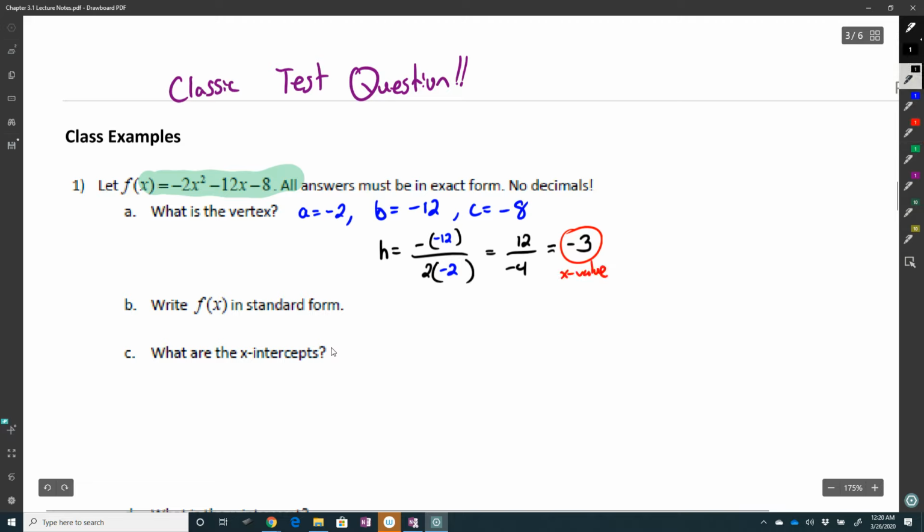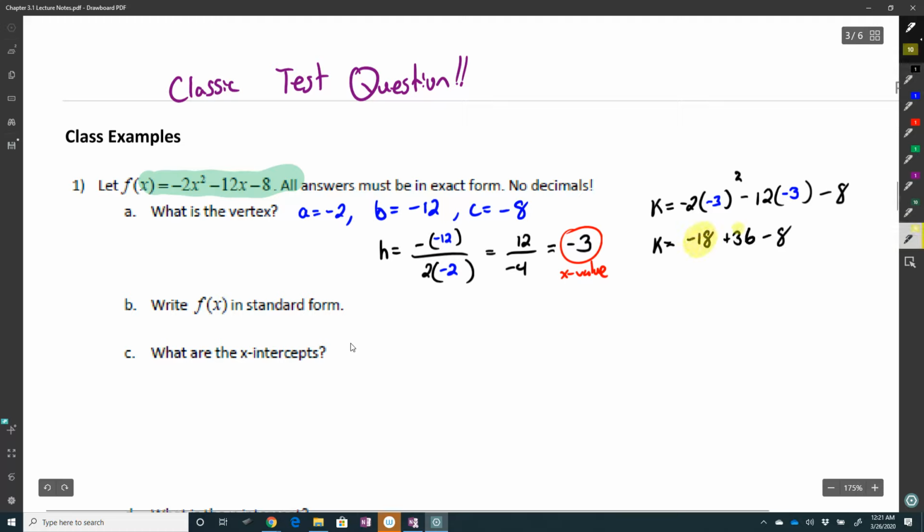So now I'm going to find the y value, my k. And all I have to do is plug in the x value. So negative 2 x squared minus 12 x minus 8. And I just plug negative 3 in there. So k is equal to, see, that's 9, that's negative 18 plus 36 minus 8. And remember what I said earlier?